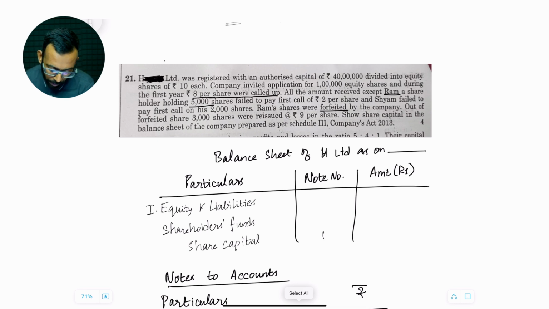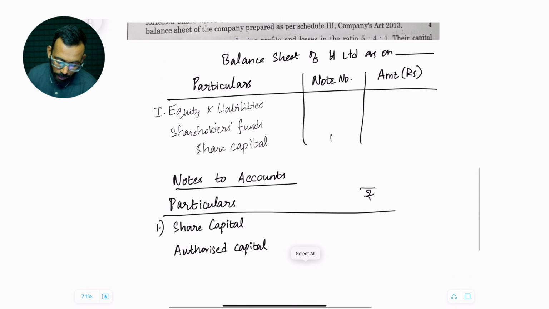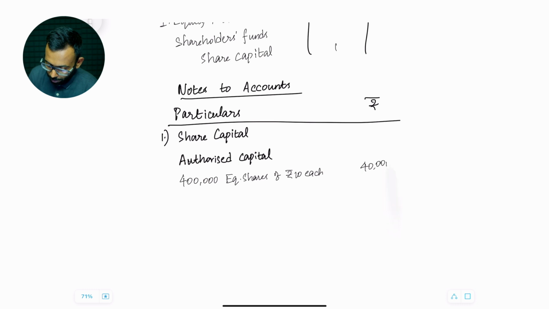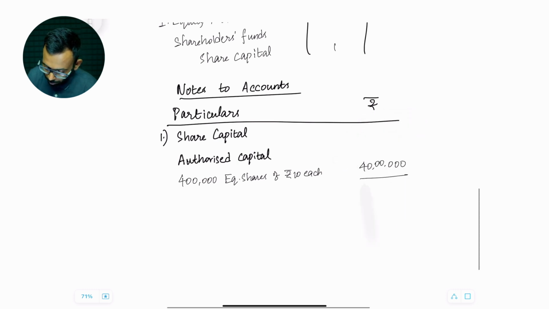Authorized capital is 40 lakhs divided into equity shares of 10 each. Therefore, the number of shares will be 4 lakh shares. 4 lakh equity shares of rupees 10 each. The main amount is 40 lakhs. Do not forget to double underline this number.